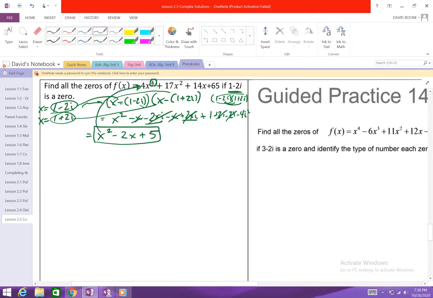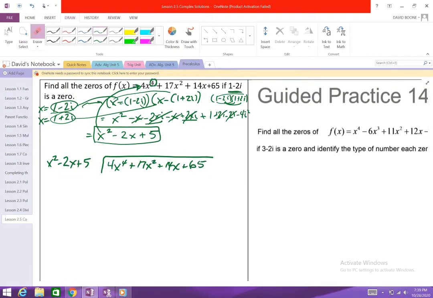So what I know now is I know this goes into our function. This is where our long division comes in handy: this x squared minus 2x plus 5 I know goes into that original 4x to the fourth plus 17x squared plus 14x plus 65.